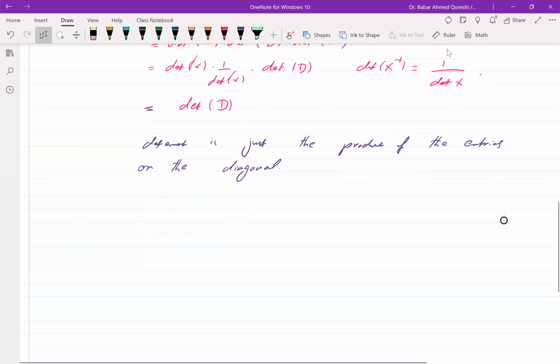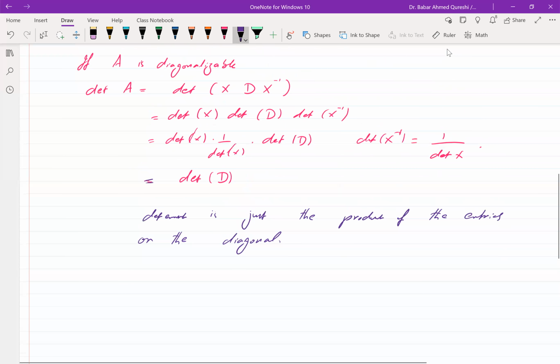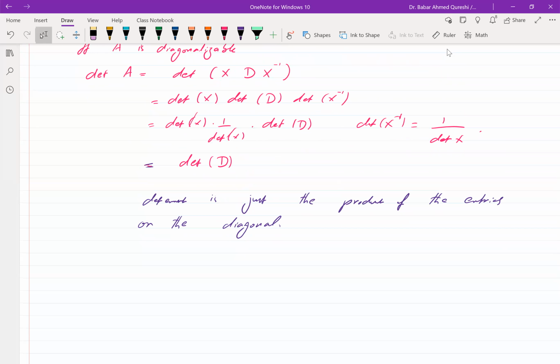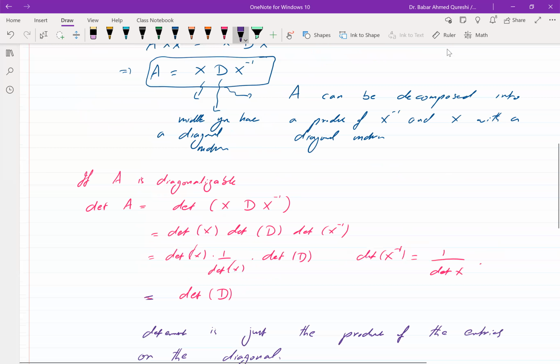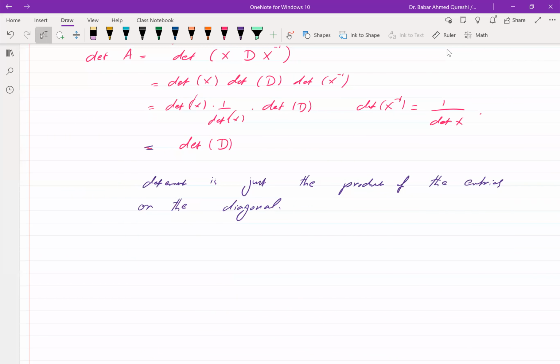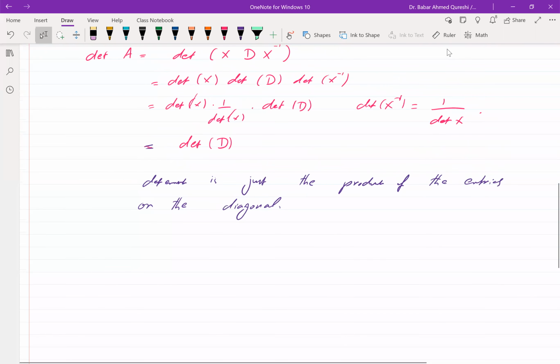And so you can compute the determinant in a very easy way if you know how to decompose this matrix into this form. And we will very shortly see what this decomposition looks like.